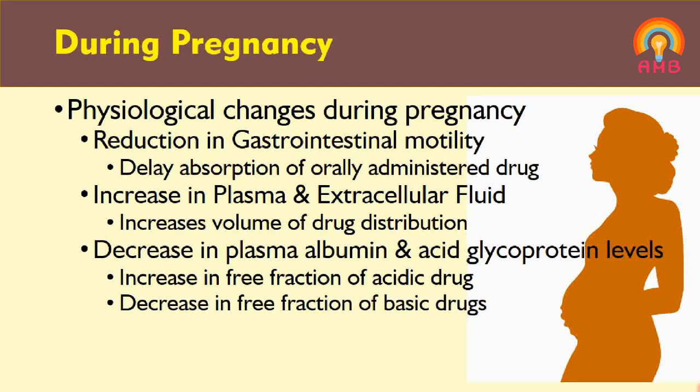In a previous video, during distribution, we discussed that albumin and acid glycoprotein are responsible for binding and distribution of drugs, and if their level in blood decreases, the drug remains in higher concentration in unbound form than the expected bound form.